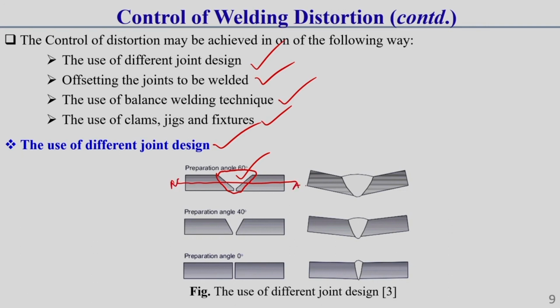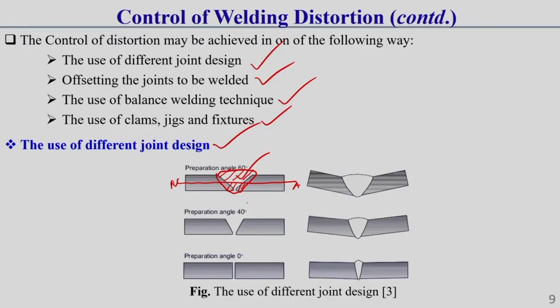So the higher the angle of V, the higher will be the variation of this volume of material above the neutral axis as well as below it, and more material is needed. Due to this high volume and high variation of material distribution through the thickness, high expansion and contraction occurs. That means high shrinkage force is generated there. So there is more angular distortion, more longitudinal shrinkage, more transverse shrinkage. What I am telling, understand?